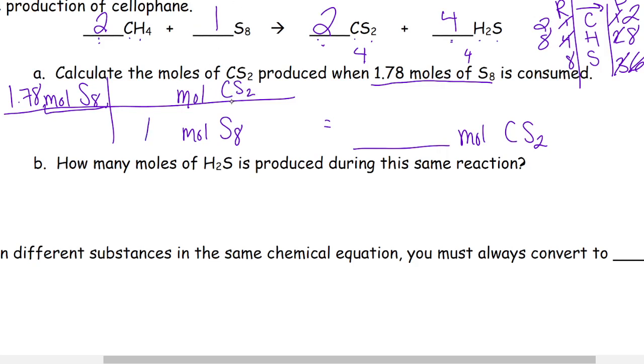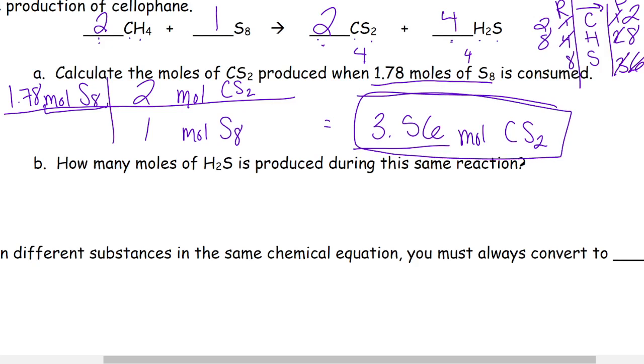And then moles of CS2, 2 moles. 1.78 times 2 is 3.56, so that would be my answer here. And again, 8 points for a question like this.